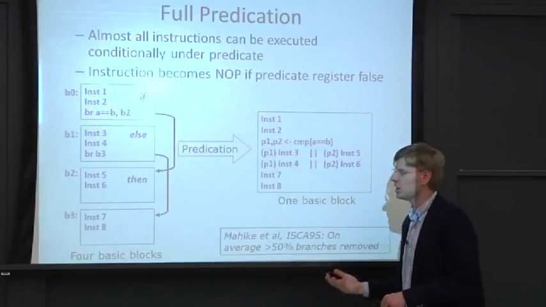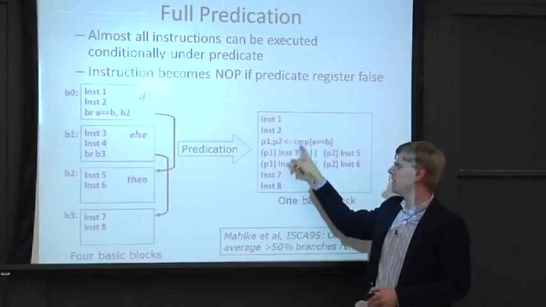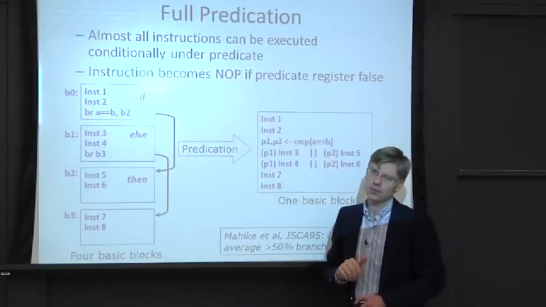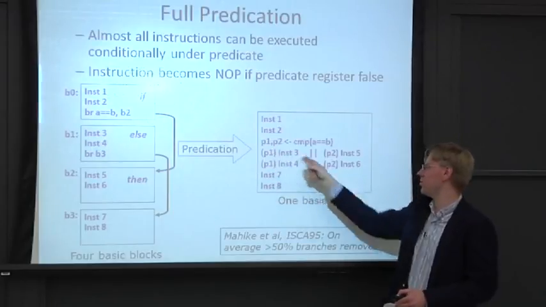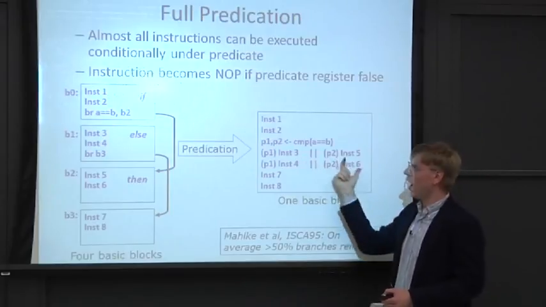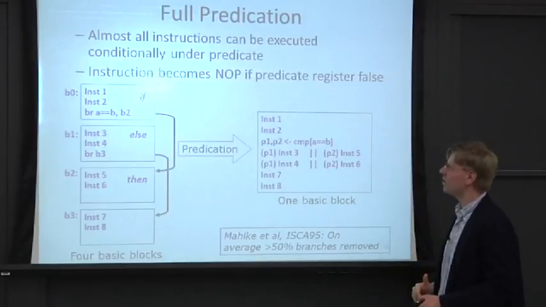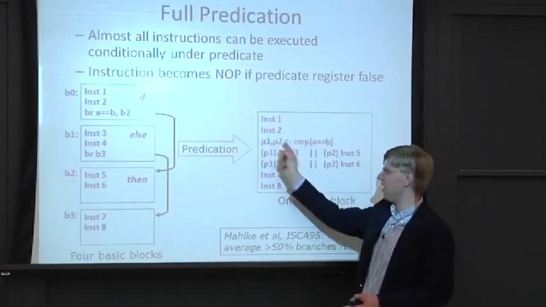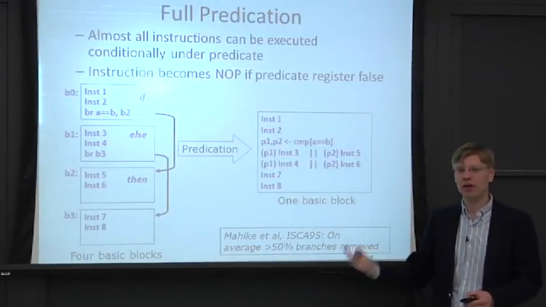Well, what this is actually doing is writing the positive outcome of this compare to the one, and the inverse, or the negation of that, to the other. And this is useful because then we can go use these predicates down here. We can use the positive one, let's say the negative one, and that can drive whether we execute the else clause or the then clause. So lots of instruction sets that have full predication have either something like this. This is one option. You can have 2 outputs, and you load 2 predicate registers.